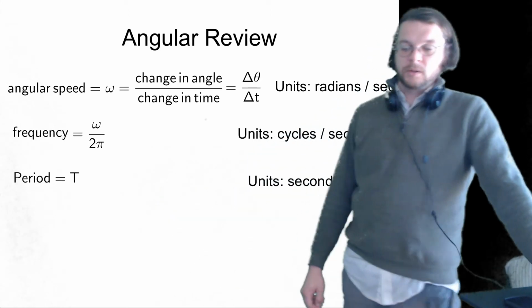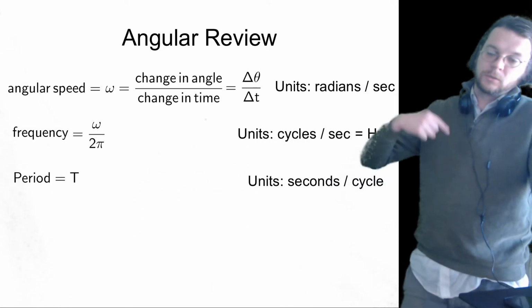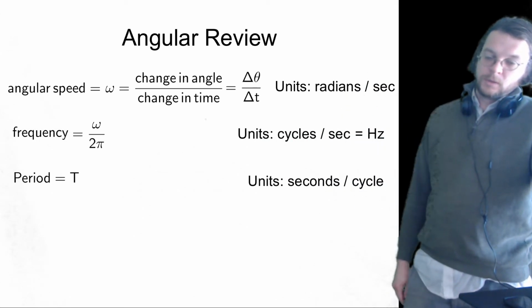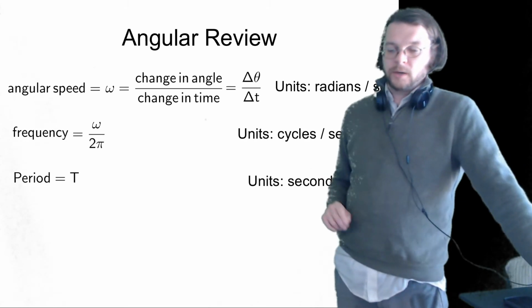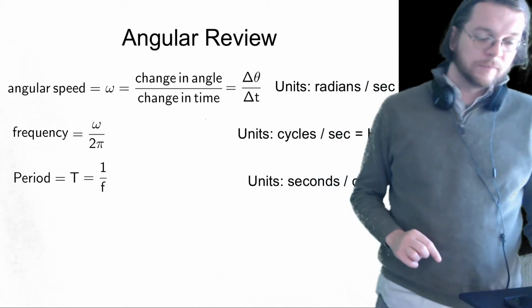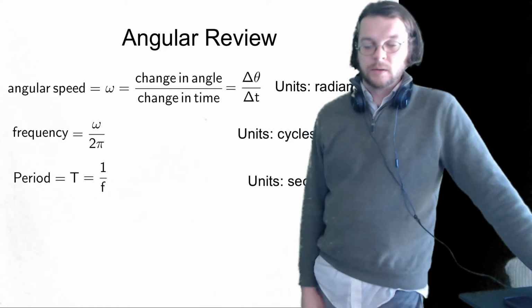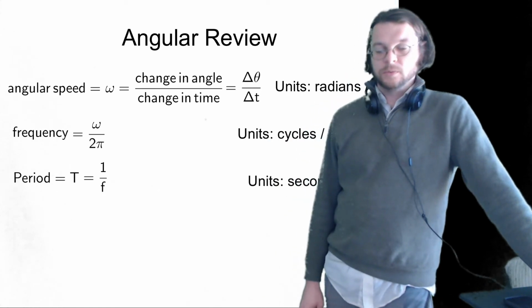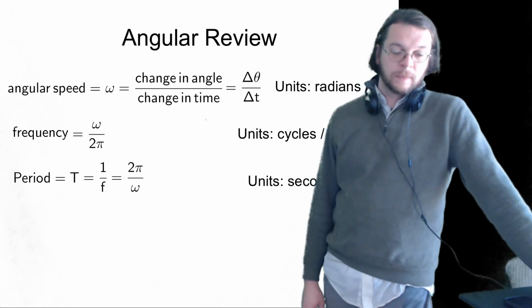The period is the number of seconds per cycle, how many seconds it takes to do one cycle, instead of how many cycles happen in 1 second. So it's 1 over the frequency. And because we know how the frequency relates to omega, the period is equal to 2 pi over omega, which is handy in some situations.